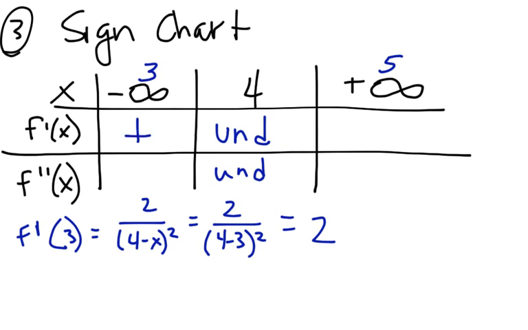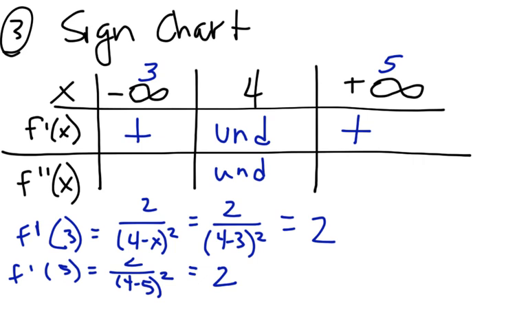We don't really care about the value, we just care positive, negative. Now, f prime of 5 is equal to 2 over 4 minus 5 squared. So that's 2 over negative 1 quantity squared, which is again 2. So this is positive on the other side also.